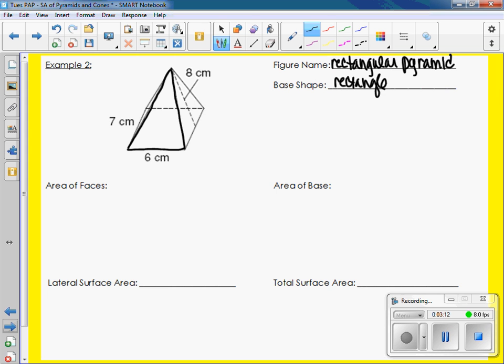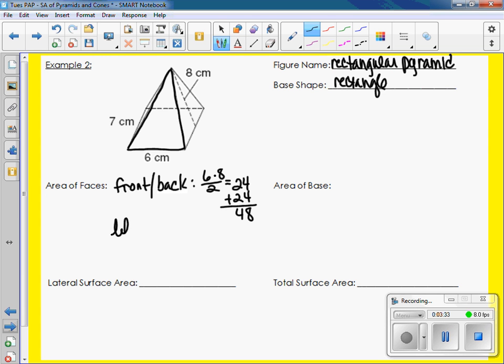Okay, we can do this actually the tough way by finding each individual one. The front and the back would be 6 times 8 divided by 2. So that's 24. And there are 2 of them. So the front and the back together would be 48.